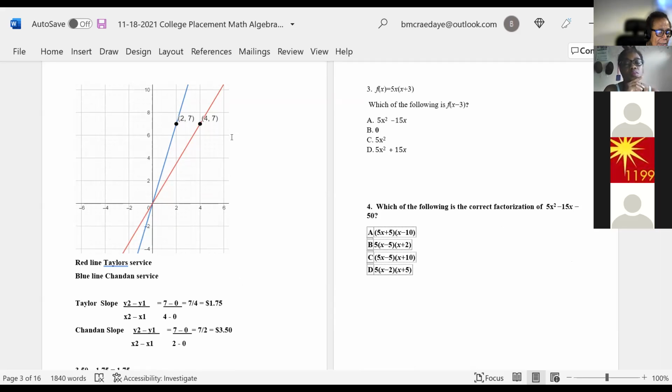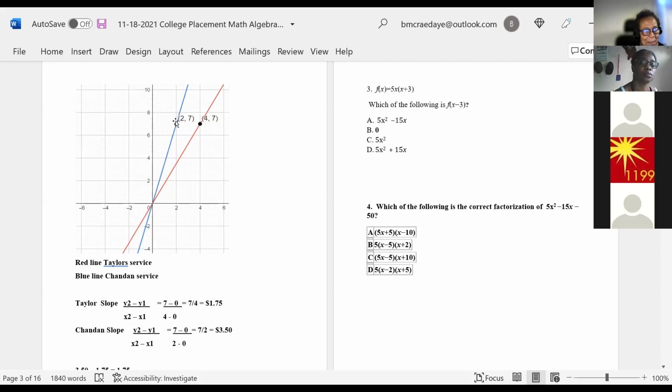It's the one where your differences are like here. We have a 7 minus 0 for the Y difference, right? But the X difference, we have a different number. If this number is smaller, when you divide into the denominator, you're going to get a bigger number. So looking at this, you know this one is going to cost the most, but you don't know how much more.